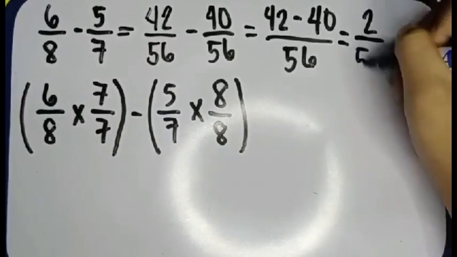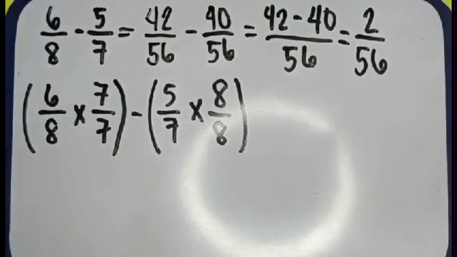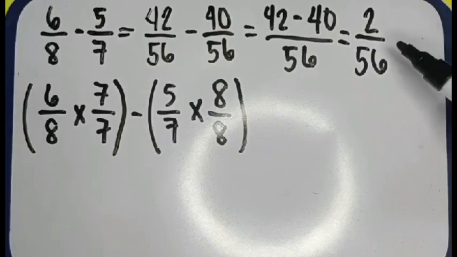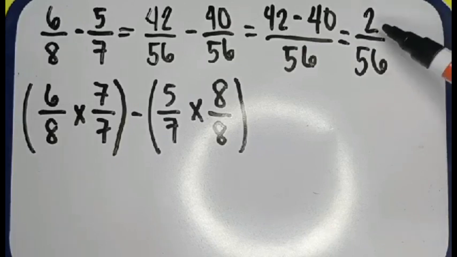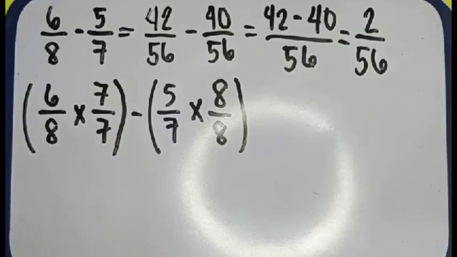Copy again the denominator. So, we have now 2 over 56. But don't forget to simplify your answer because 2 over 56 can still be simplified. So, how do we do it? We just divide 2 and 56 by their GCF, which is 2.